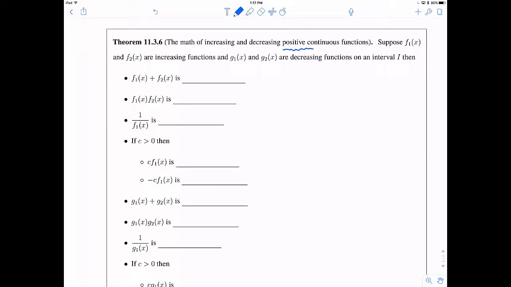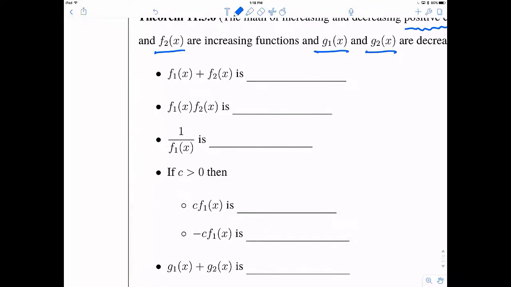So suppose that we have f1 and f2 are increasing functions, and g1 and g2 are decreasing functions on some interval I. Then, what happens when you add these things together, multiply, all that sort of stuff? Okay, so if we add two increasing functions together, as you would guess, it's probably increasing. What about if you multiply two increasing functions together?